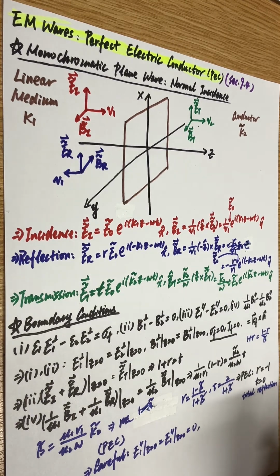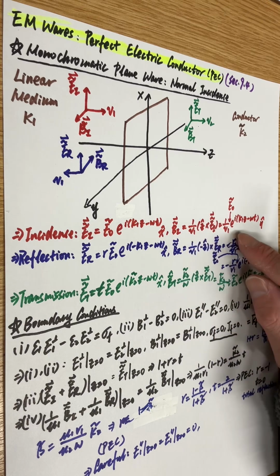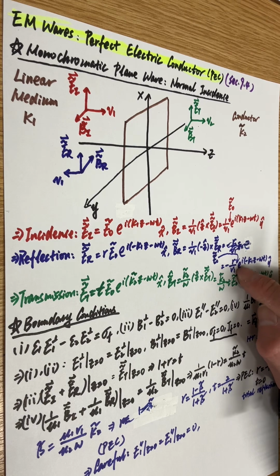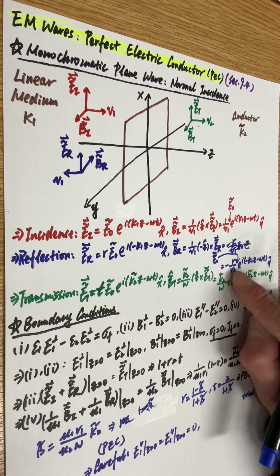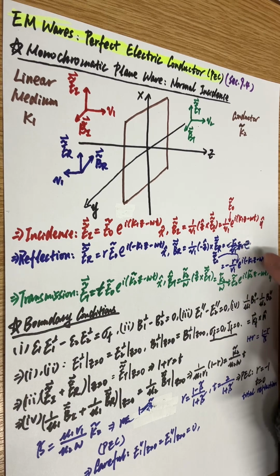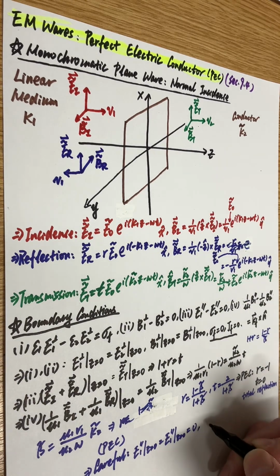However, for the B field, on the left hand side we have E0 divided by V1. On the right hand side, R is -1, and here I have a minus sign, so I have E0 divided by V1 again. So at variable Z equal to 0, what do I have for the magnetic field?